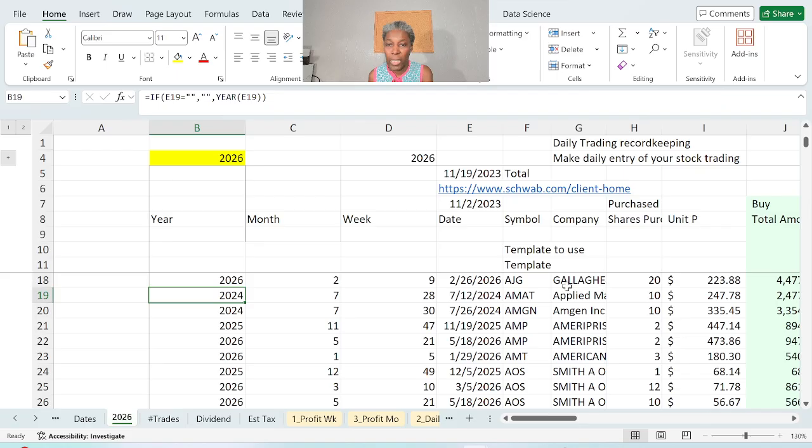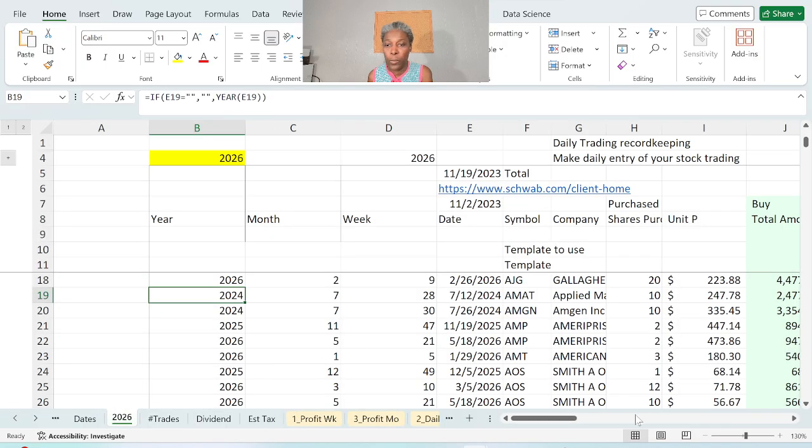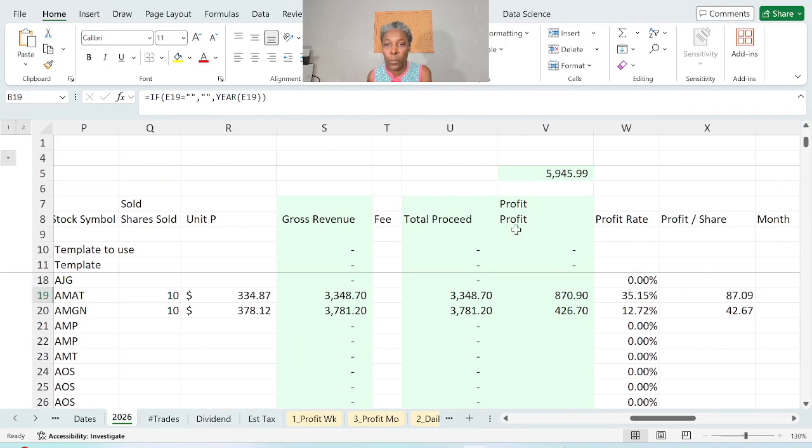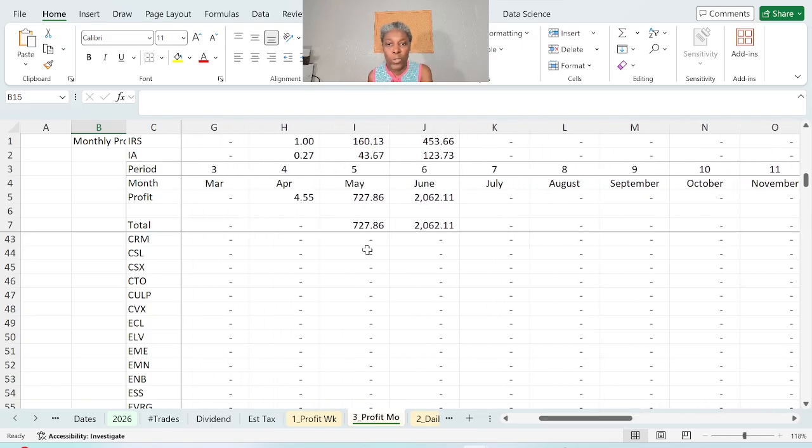So doing those manual entries here, those formulas will allow me to have the month, the year, the week, and I can use that to come to my weekly report and calculate, and pretty much it will pull profit by week for me from this tab, and the profit from the profit session, and profit by month will pull profit by month as well from the profit session.